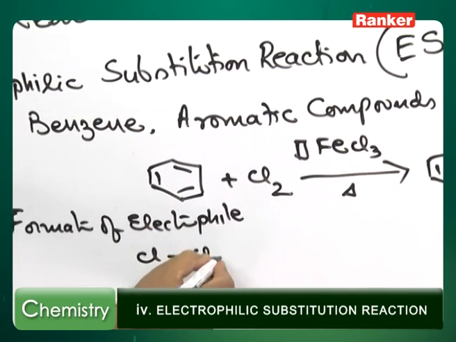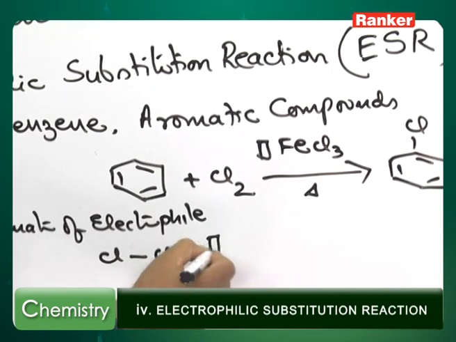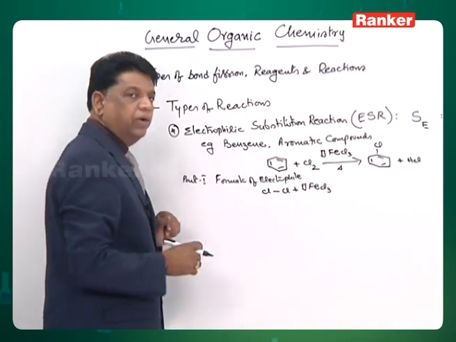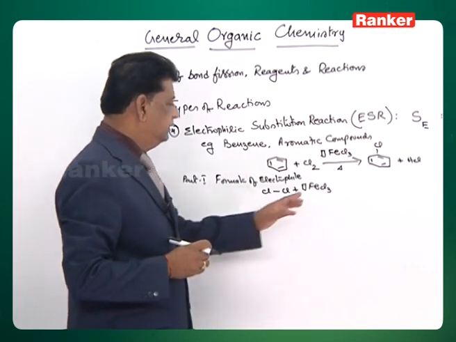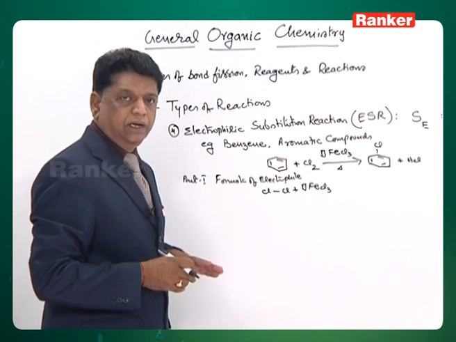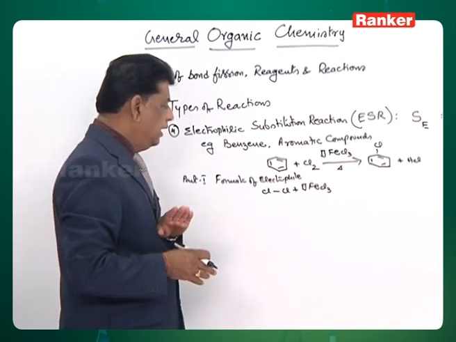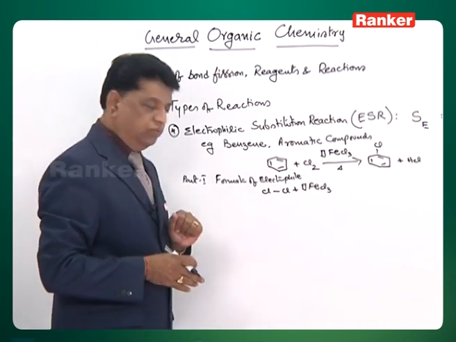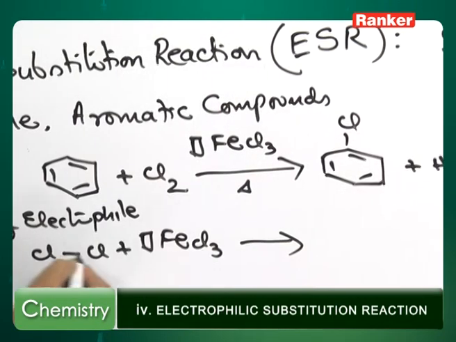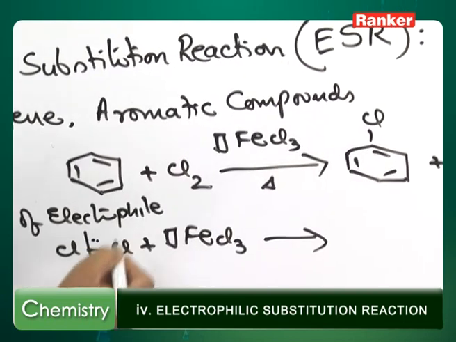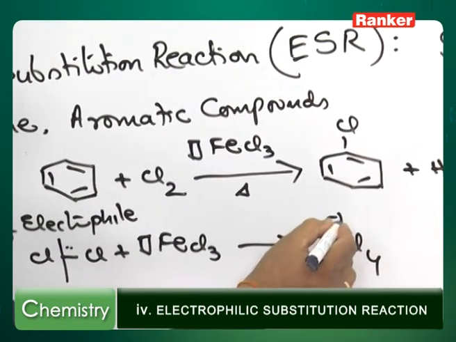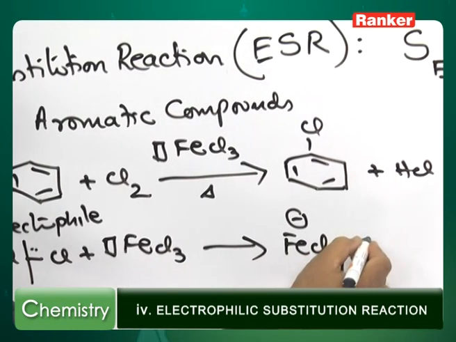When the chlorine molecule is reacting with anhydrous ferric chloride, in fact, in the market what we get is not anhydrous ferric chloride, it is hydrated, or ferric chloride dissolved in water called aqueous solution, or hydrated ferric chloride is not useful, because in this reaction what is happening is the ferric chloride takes the Cl minus temporarily, forms FeCl4 minus anion and the Cl plus.